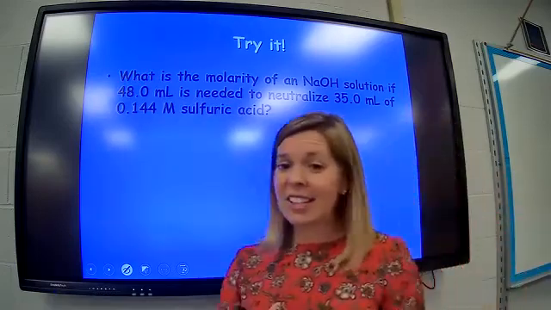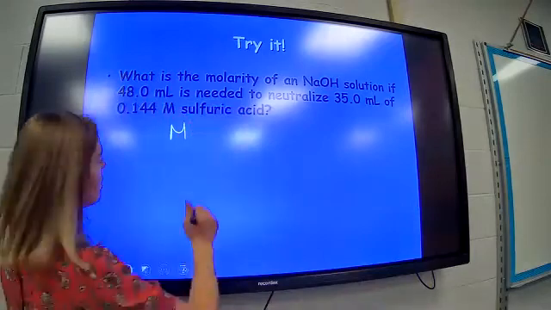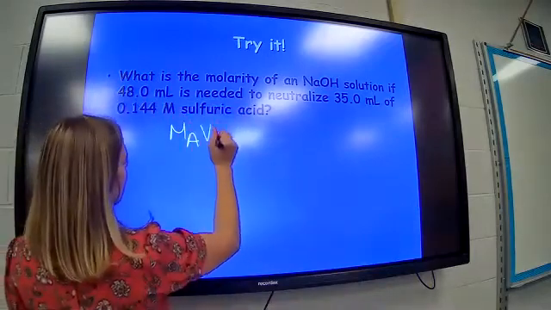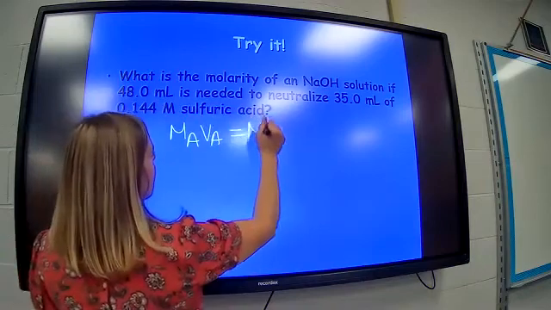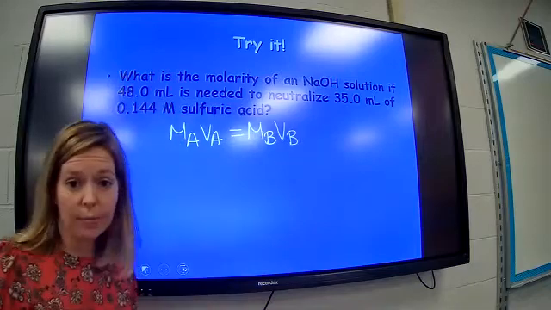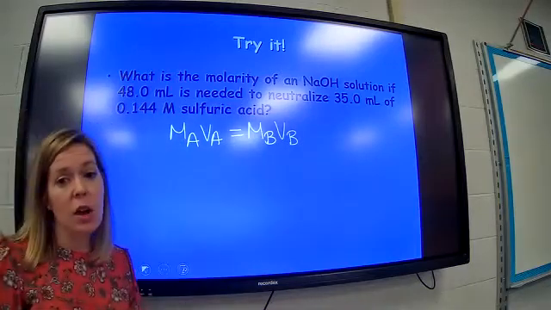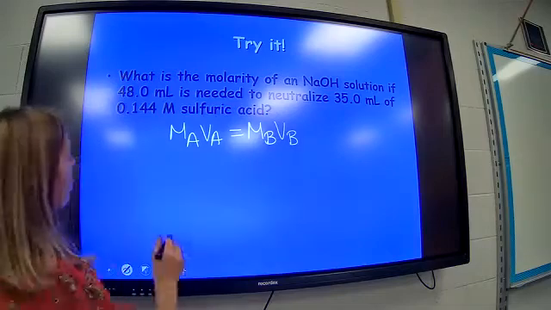Or if you recognize this is a titration problem, we can just plug this into MAVA. This is going to be a little bit quicker, but either way will work. If we do this though, we do have to account for something.